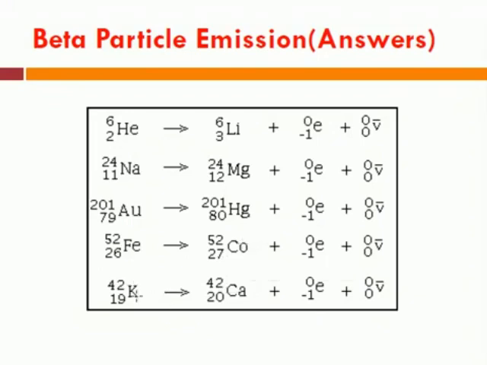Then for the last number, we have 0 here plus 42. So we have 42 here, 42 here. So that is balanced. 0 plus negative 1, so negative 1, so we have 1 plus 19, so we have 20. The element with atomic number of 20 is calcium. So remember, under beta particle, we have electron here in the product side and an antineutrino.